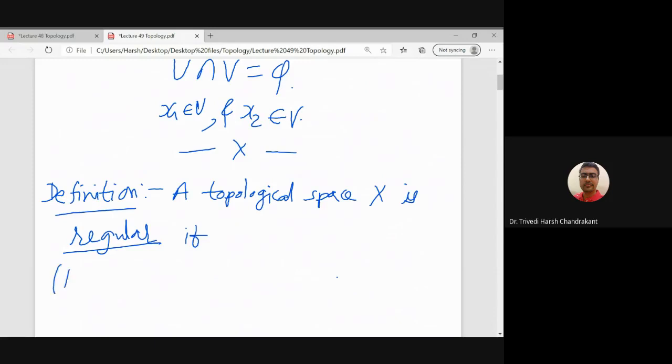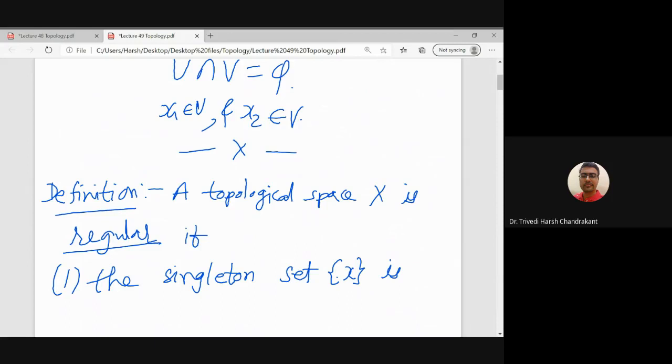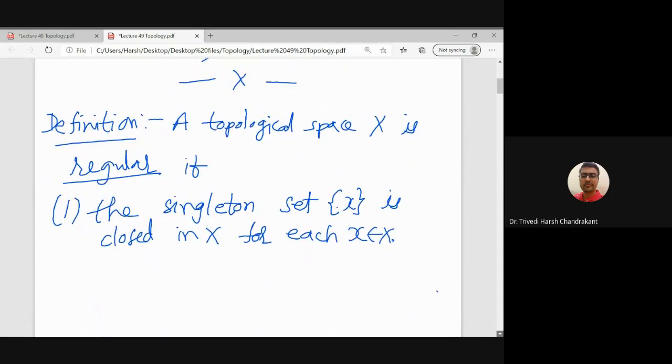First property is that the singleton set {x} is a closed subset of X, closed with respect to the given topology, for every x belongs to X. So this first property says that every singleton is closed in this topological space.